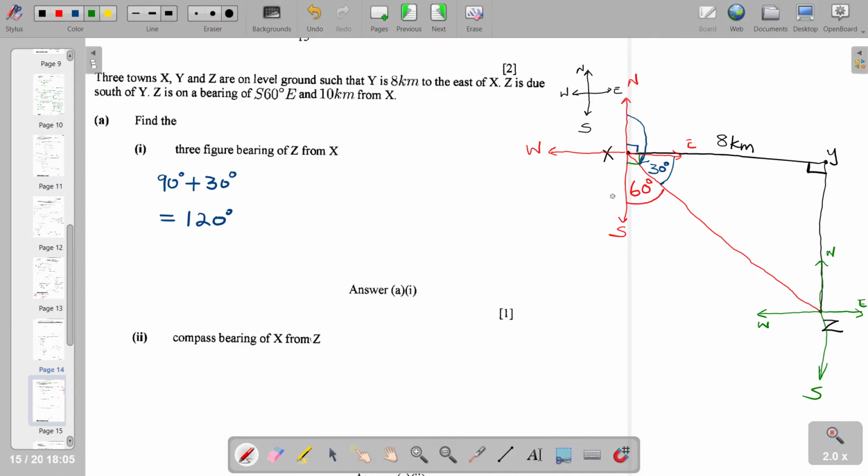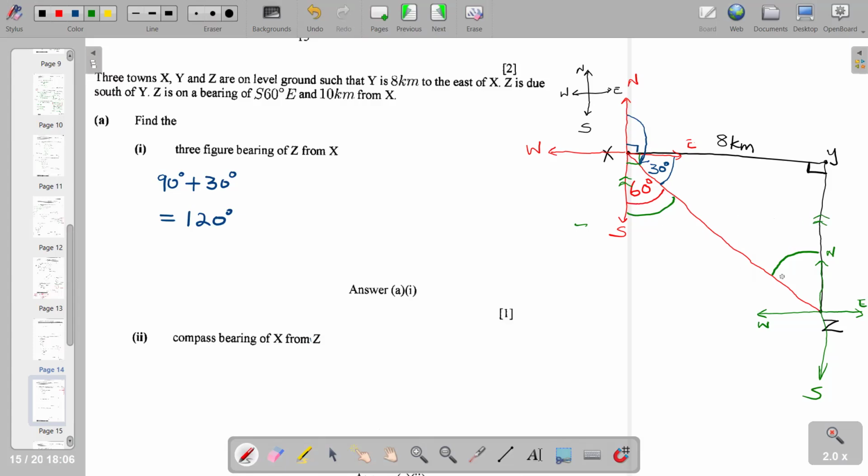So if we are to check, this line and this line are parallel, meaning we end up having these angles being equal. This angle will be equal to this angle. Why? Because these northern poles that we drew are parallel.